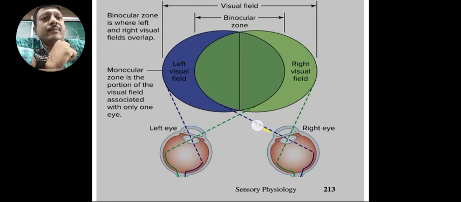This is the visual field for the right eye, and this is the visual field for the left eye. This is the visual field for both eyes, and this one is the common binocular vision, which is a usually circular central portion, the common binocular field of vision.